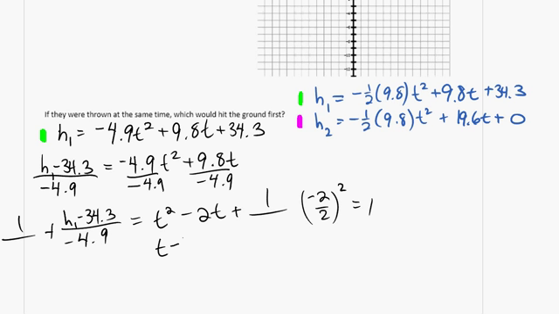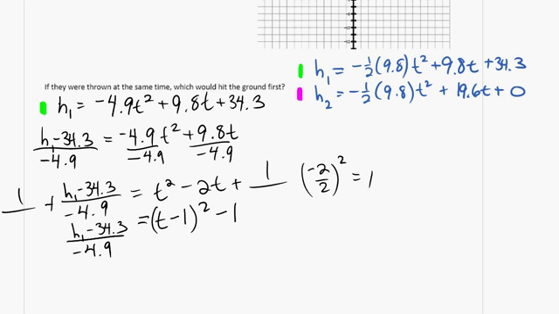Completing the square, this is t minus 1 times t minus 1, t minus 1 quantity squared. Now I'll subtract 1 from both sides, so I get h1 minus 34.3 all over negative 4.9. Multiply both sides by negative 4.9, so h1 minus 34.3 is equal to negative 4.9 times this quantity squared plus 4.9.